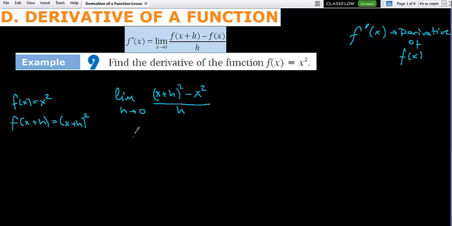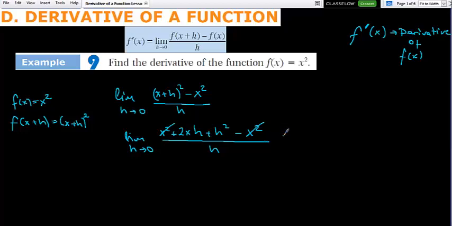And this is equal to limit h tends to 0 of x squared plus 2 times x times h, which is (a plus b) squared, plus h squared minus x squared over h.